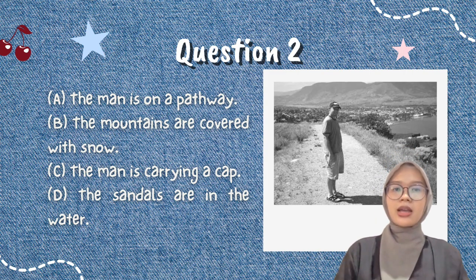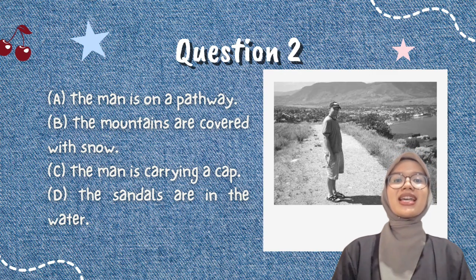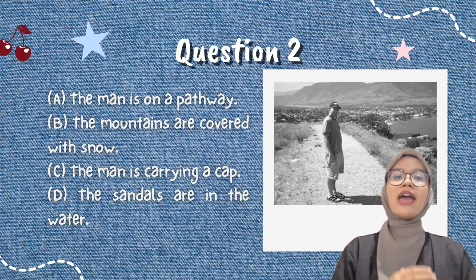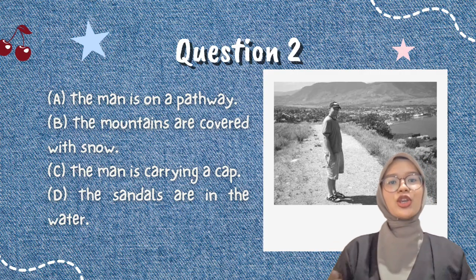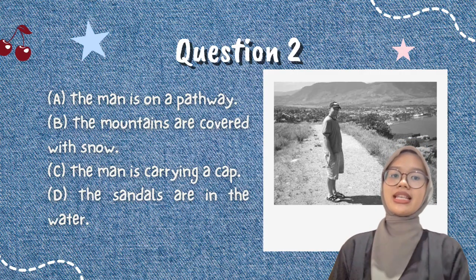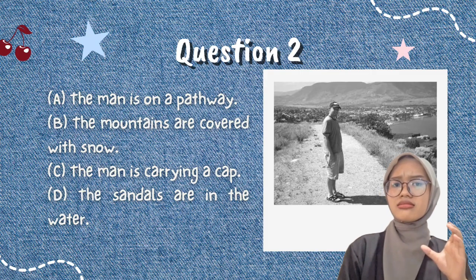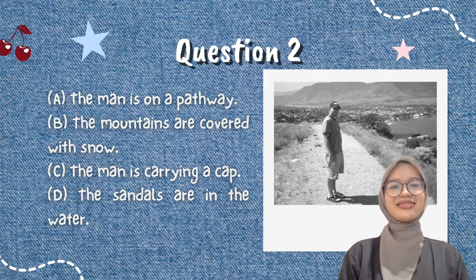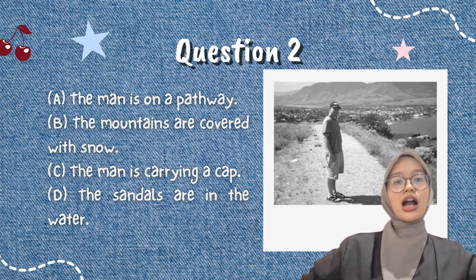Why? Because if you choose B, it's incorrect because the mountains do not have any snow on them. It is summertime. You may be asked to distinguish between the seasons in part 1. If you choose C, it's incorrect because the man is wearing a cap.